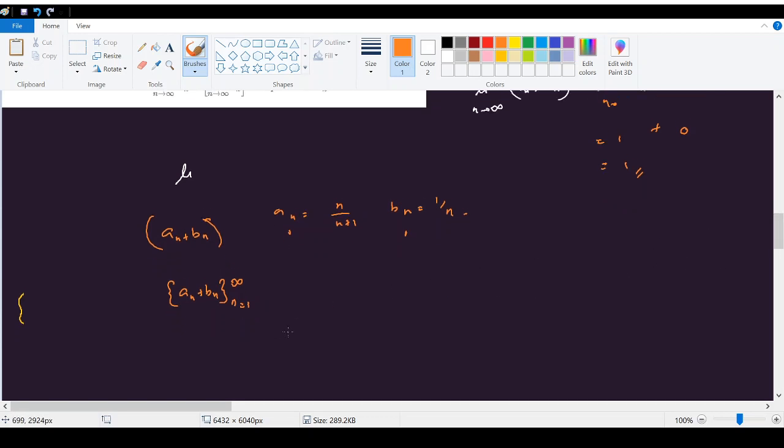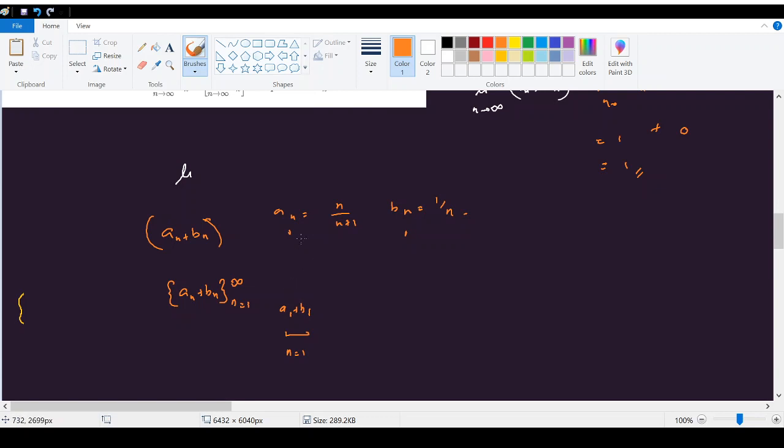So what should be the first element of this sequence? That is the element created by n equals 1. That means it should be a1 plus b1.